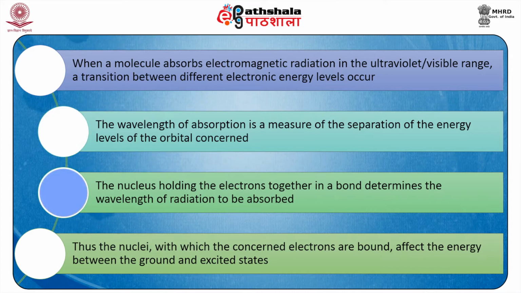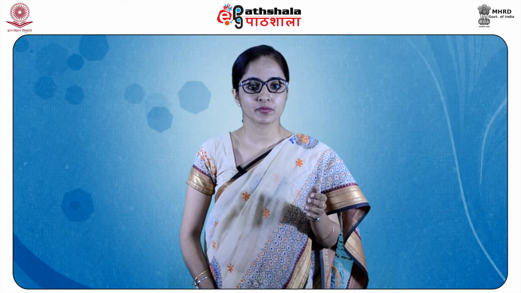Now, the nucleus holding the electrons together in a bond determines the wavelength of radiation to be absorbed because of the strength by which the nucleus is holding on to the electrons. Thus, the nuclei with which the concerned electrons are bound affect the energy between the ground and the excited states.